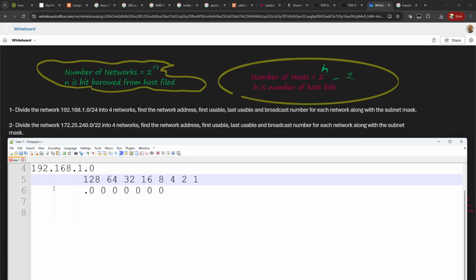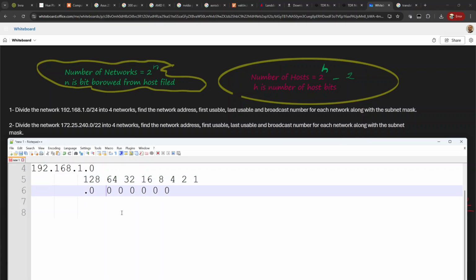Let's align those bits here with the base of 2. So this is 16, this is 8, 4, 2, and we need another 0 here, right? So yeah, 8 bits right there. Okay, so we're good.